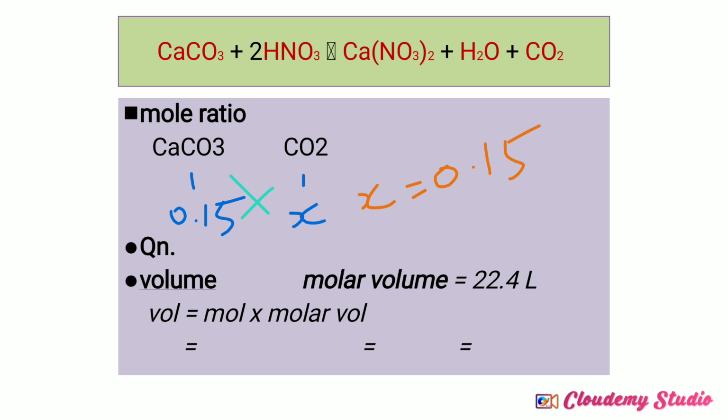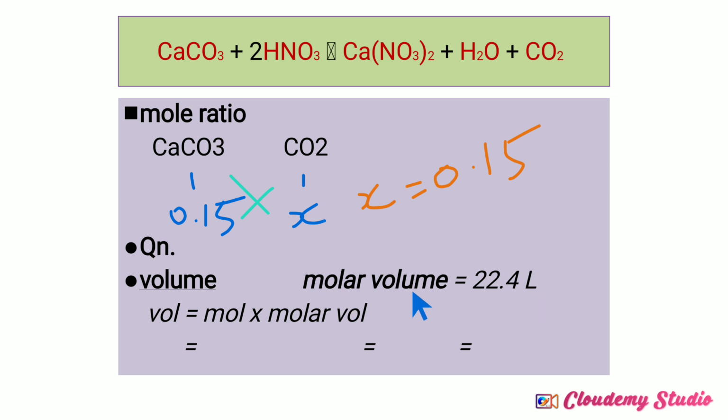Now the next question, what is that? Volume of carbon dioxide we need to find out. To find the volume, the formula is mole times molar volume. Molar volume value is a constant value, that is 22.4 liter.